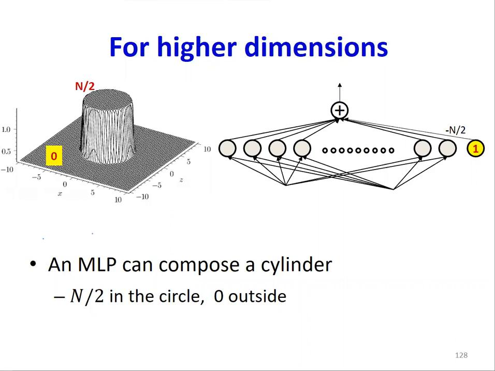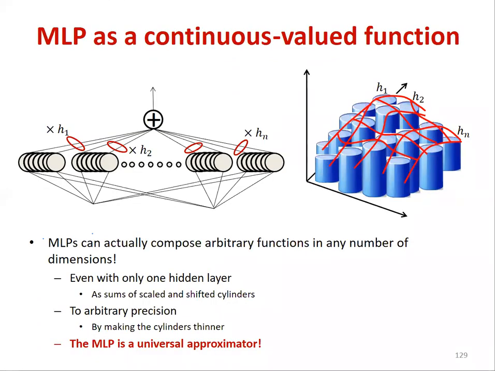So first you compose a cylinder where the sum is n/2 inside the cylinder and 0 outside. And then if I have any kind of function, I can scale each of these cylinders to different heights and use that to approximate my continuous valued function.